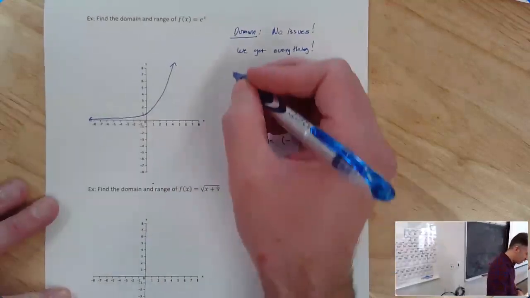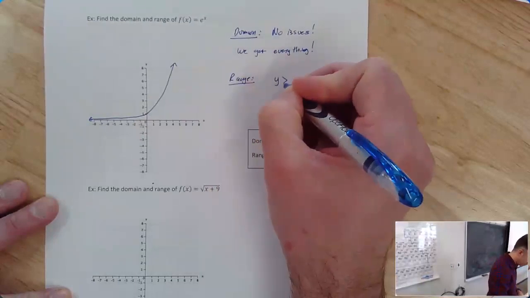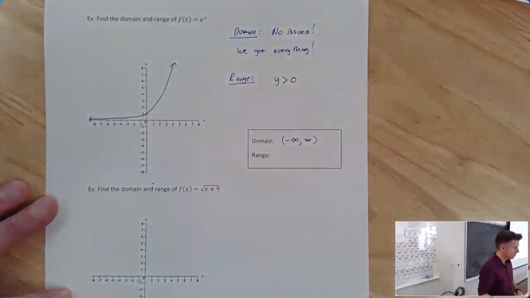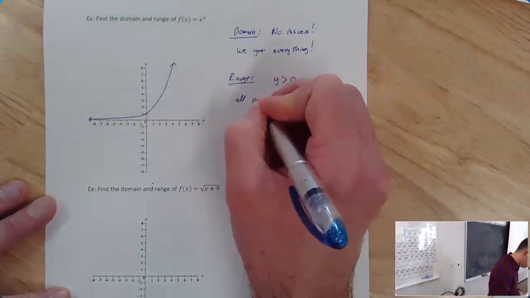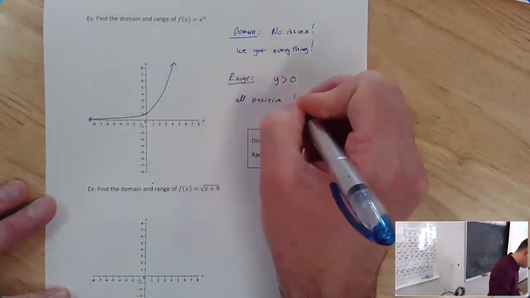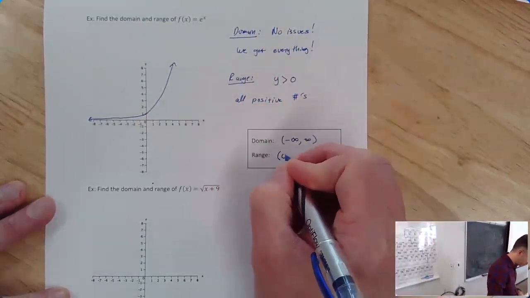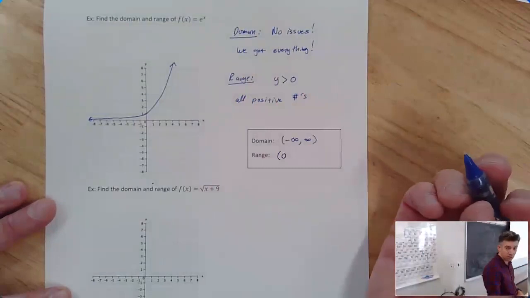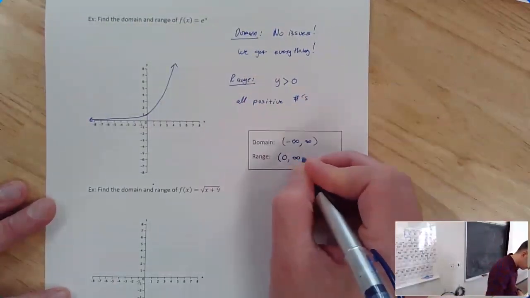So our range here, well, y has to be strictly greater than 0. So our range is going to be all positive numbers. So our range is going to look like everything from 0 exclusive, because we don't want to include 0, because 0 is not a positive number, to infinity.